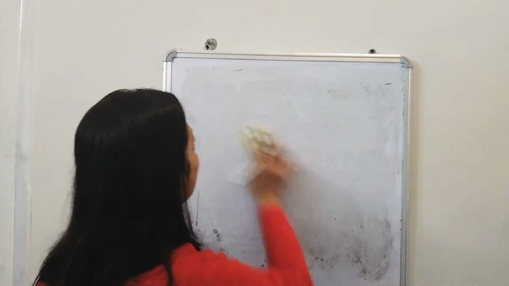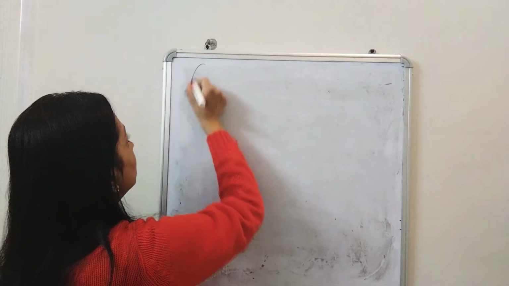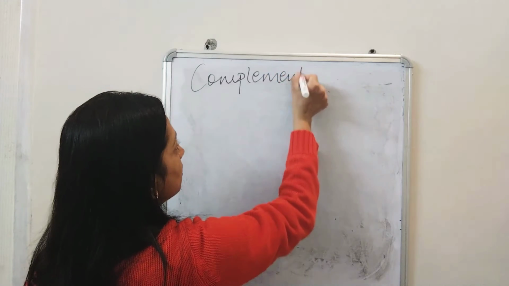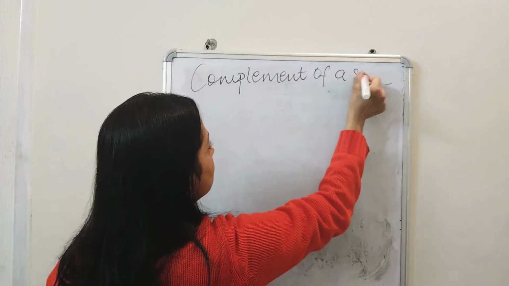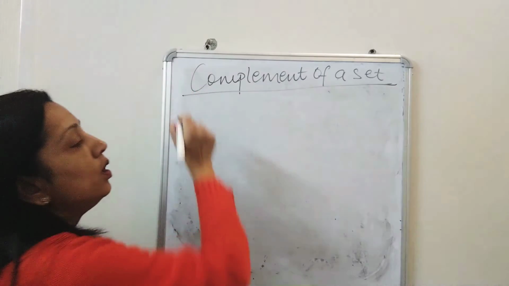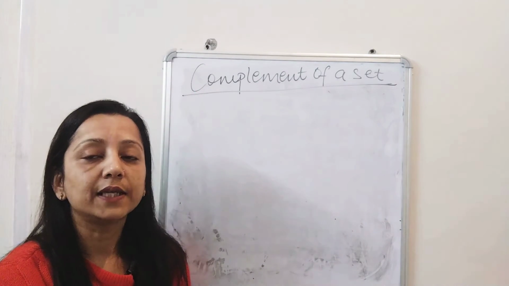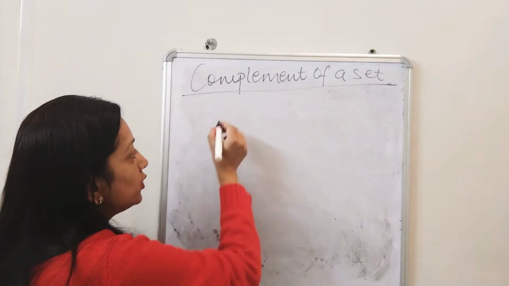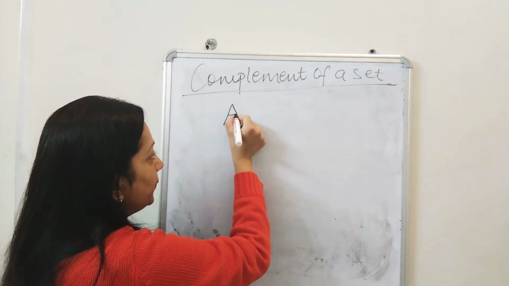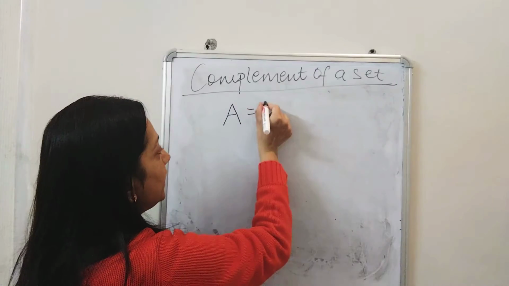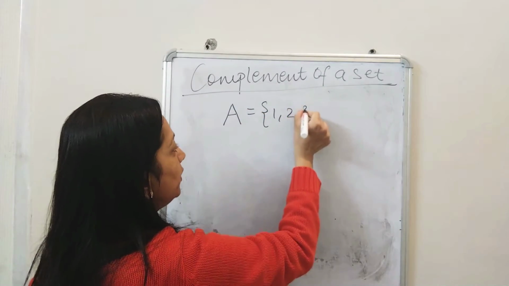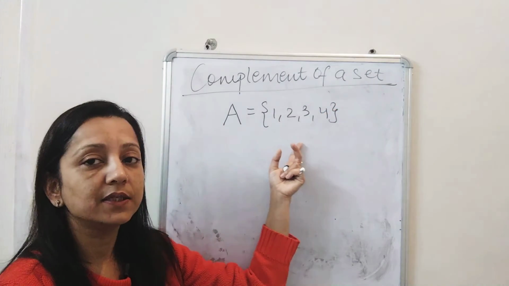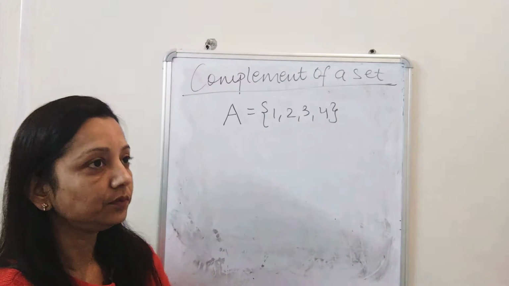Now we will discuss the complement of a set. As I told you, any set under consideration belongs to some universal set. So if I am talking of set A, and set A has elements 1, 2, 3 and 4, you can clearly see that set A is a set of natural numbers.